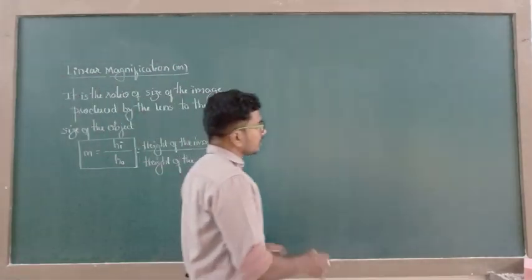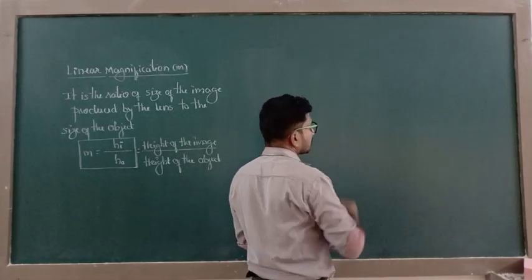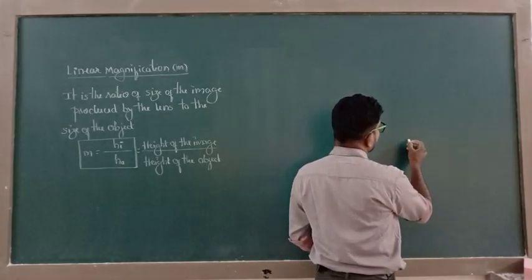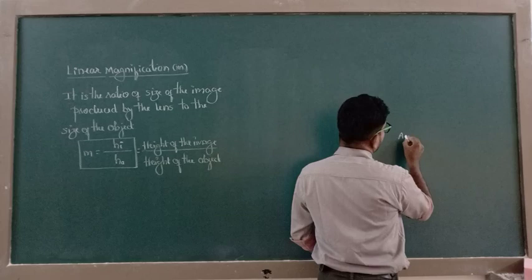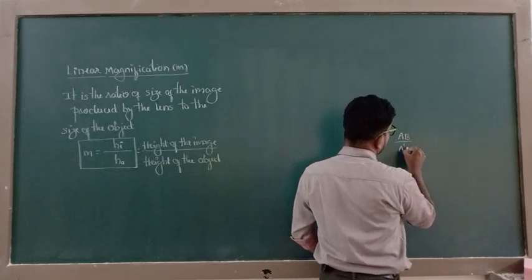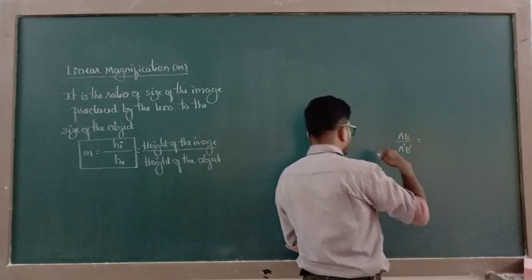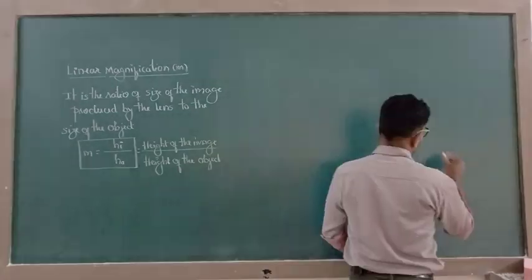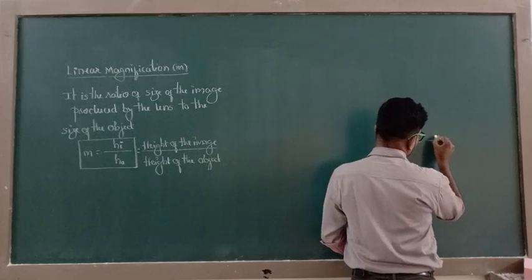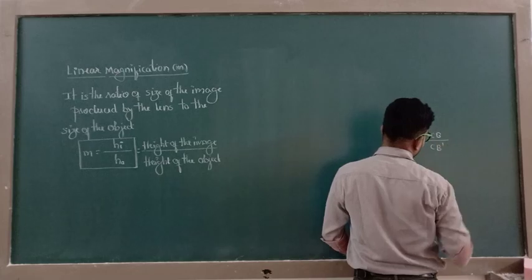From the last derivation, the first equation, the ratio of heights of similar triangles, we get AB divided by A dash B dash is equal to the ratio of the bases, CB divided by CB dash.